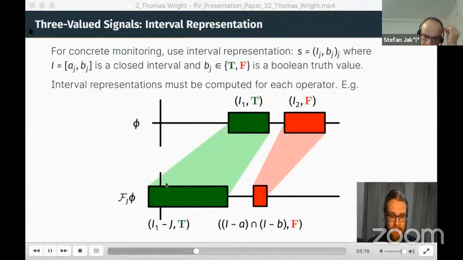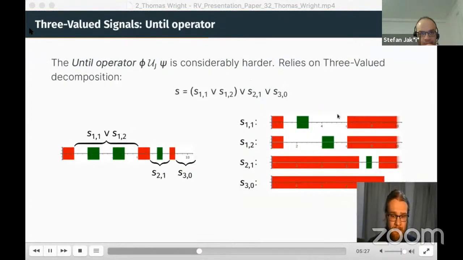And for temporal operators such as finally, we can handle this by an appropriate backwards time shift for each type of interval. The until operator is a little harder, but we can handle this also using an appropriate three-valued decomposition.